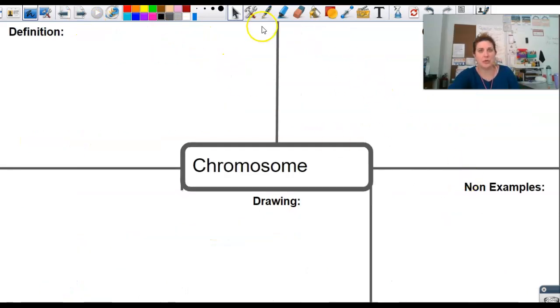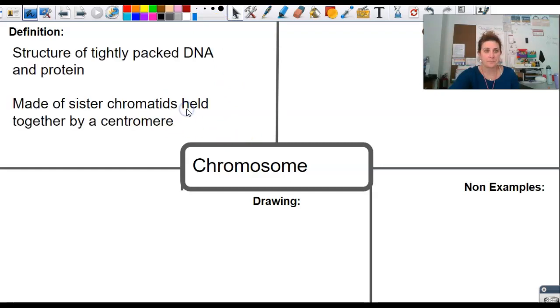So the next one we're going to do is chromosome, which is just a shape that DNA has. The definition of chromosome: it is a structure made of tightly packed DNA and protein. And it's made of sister chromatids. So when I draw it, that's one chromatid.